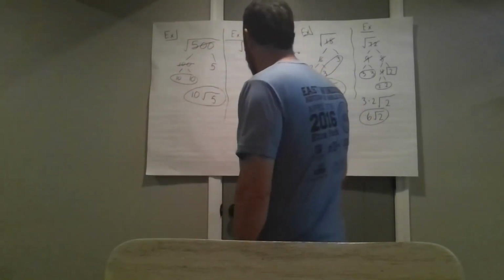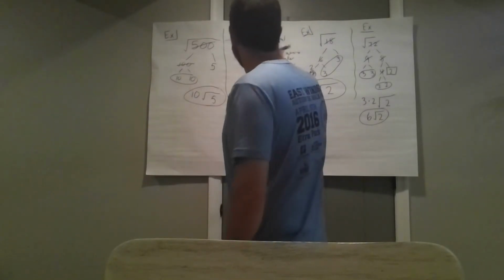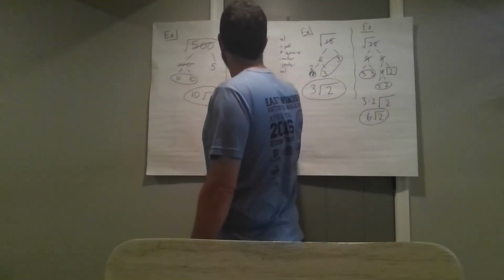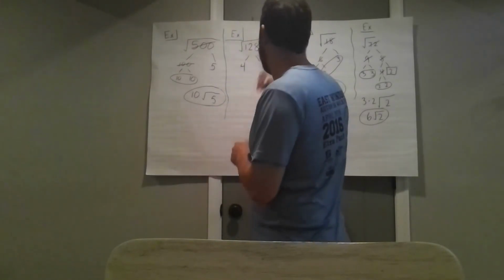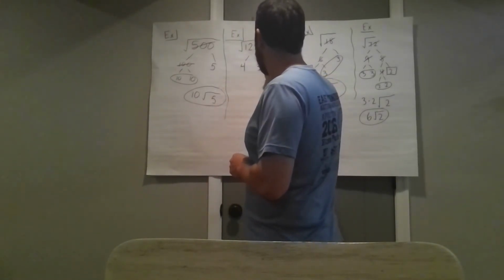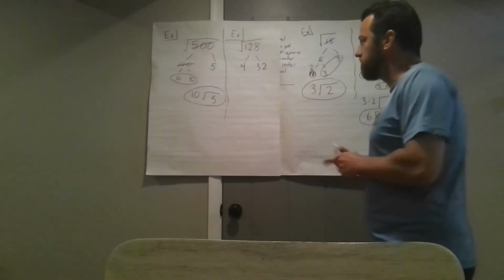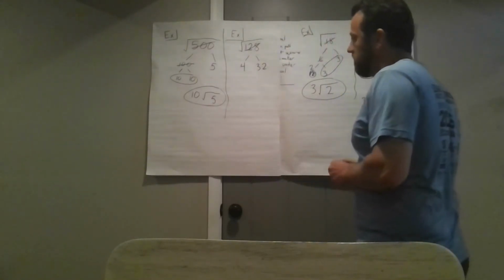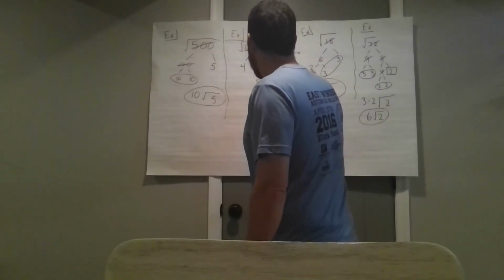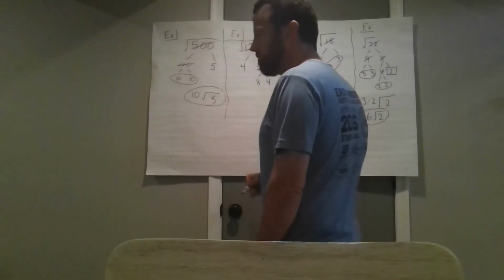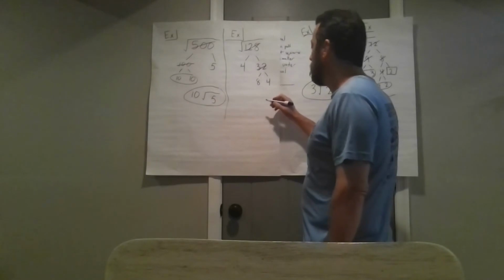What multiplies to get 128? Let's try 4 times 32. All right, 4 times 32. I'm done with that, so cross it out. 32 is 8 times 4. Done with that, I crossed it out.